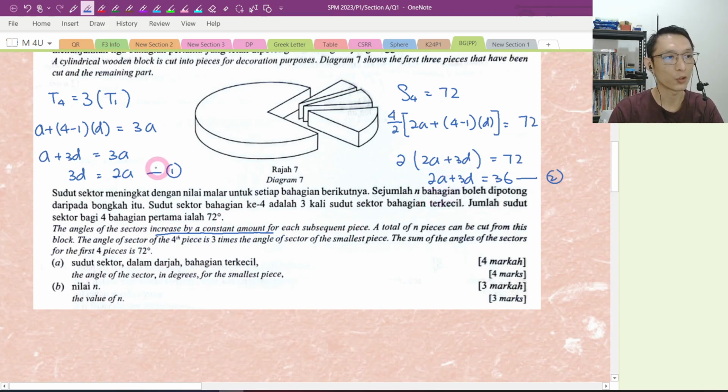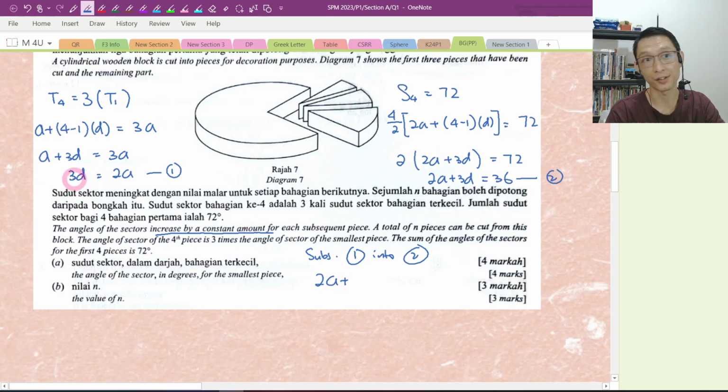So from the first equation, we know that 3d is equal to 2a, right? Now, substitute the first equation into the second equation. 2a plus 3d. From here we know 3d is actually equal to 2a. So I just write 2a plus 2a is equal to 36.